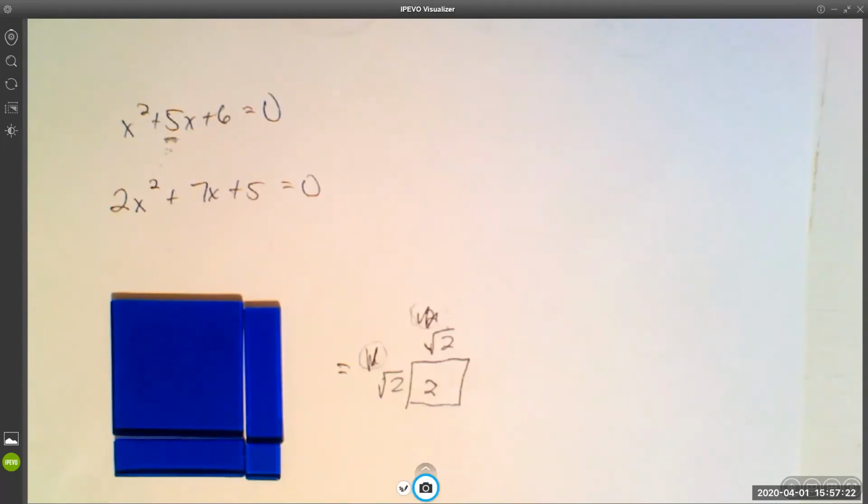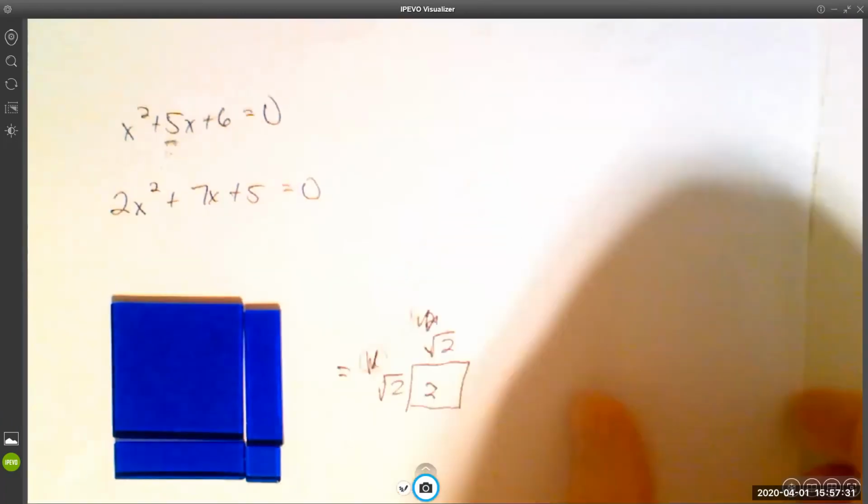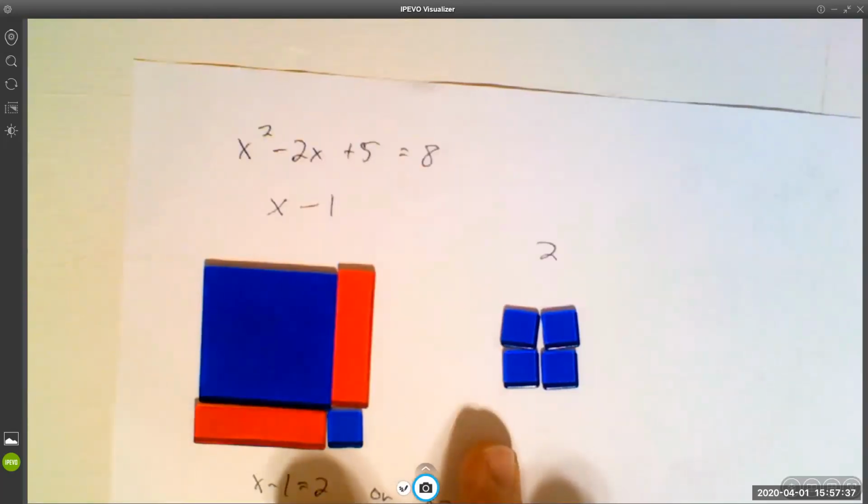So I'm not really giving you a ton of examples beyond the ones that we've talked about. But at least for equations like the ones that we've seen, completing the square works out pretty well as a method of solving. And I think it gives you a good visual understanding of that algebraic technique as well.